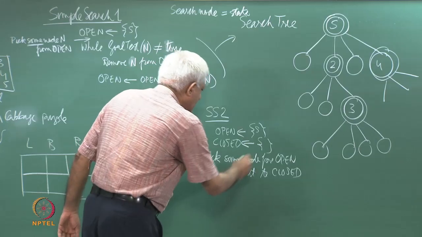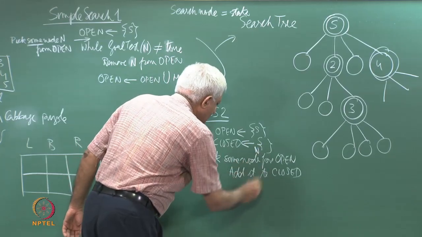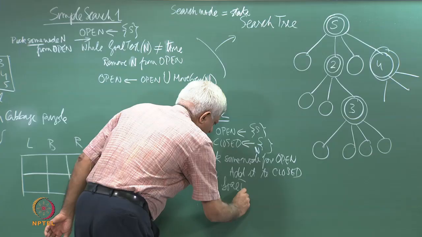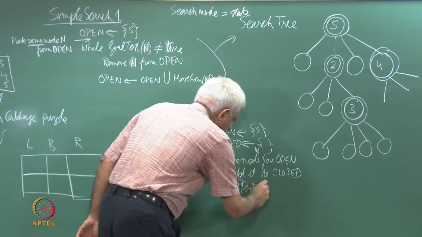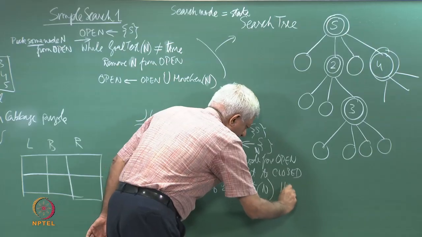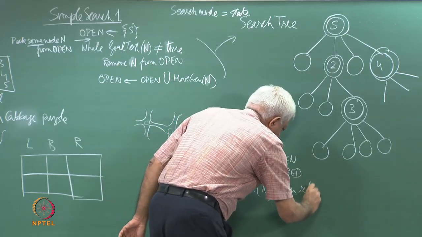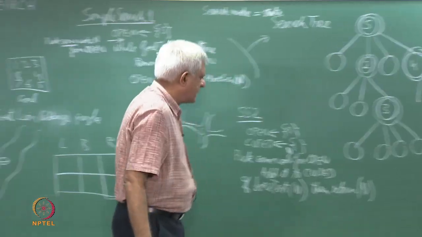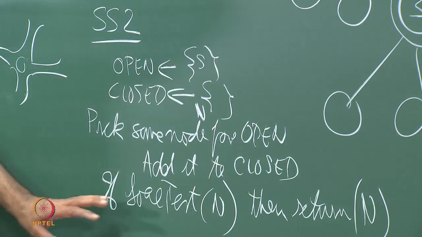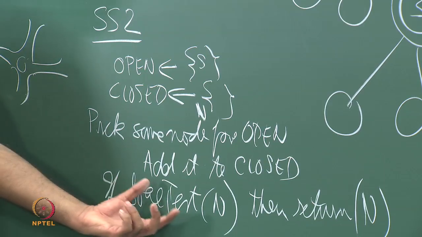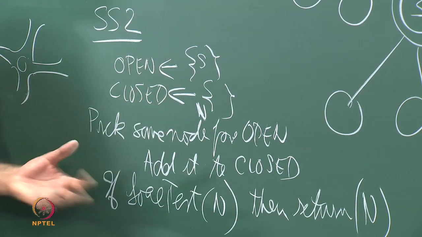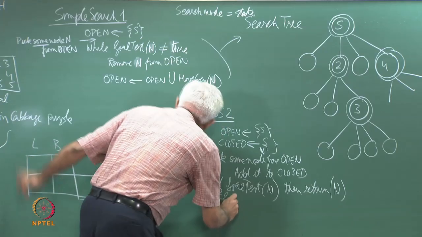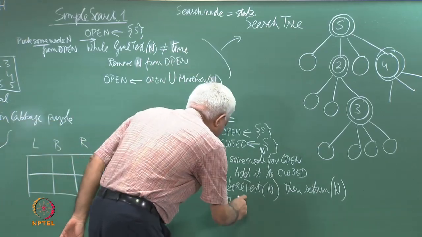Then, let us say that node is n as before. If goal test n, then return n, that is what I am saying, just return the state. Else, as before, add.